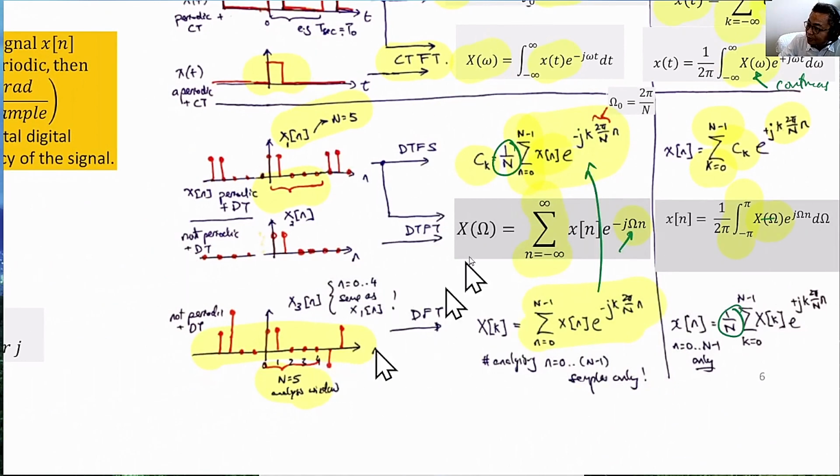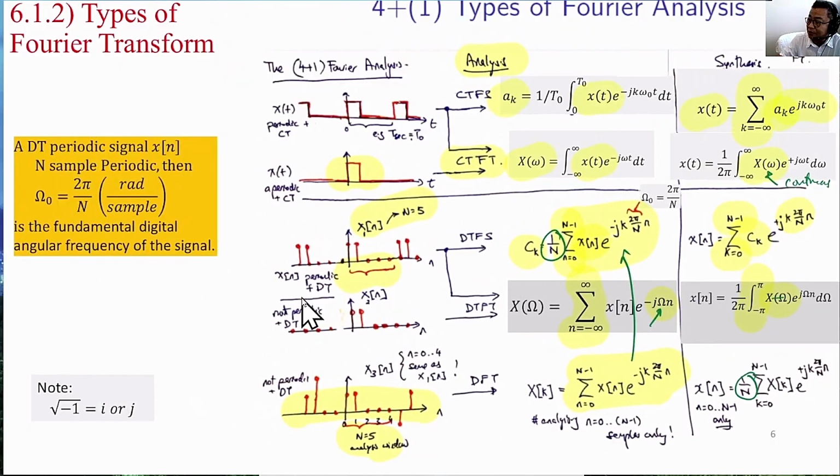They produce identical results with the scaling difference, that's all. In a later chapter, we'll tell you exactly how to manage the DFT, because outside these 5 samples, they are not the same as the periodic signal. That's the key idea. So in this one slide, we went through all the equations of continuous time Fourier series and Fourier transform, as well as discrete time Fourier series, Fourier transform, and DFT.